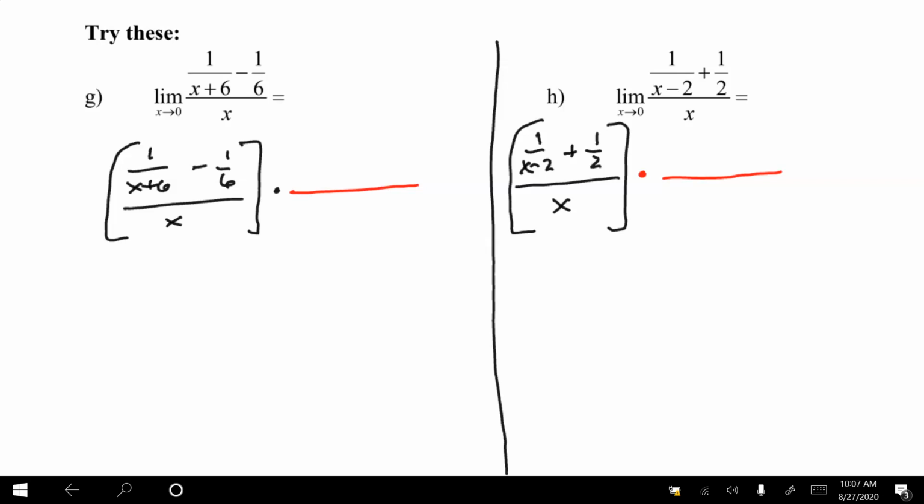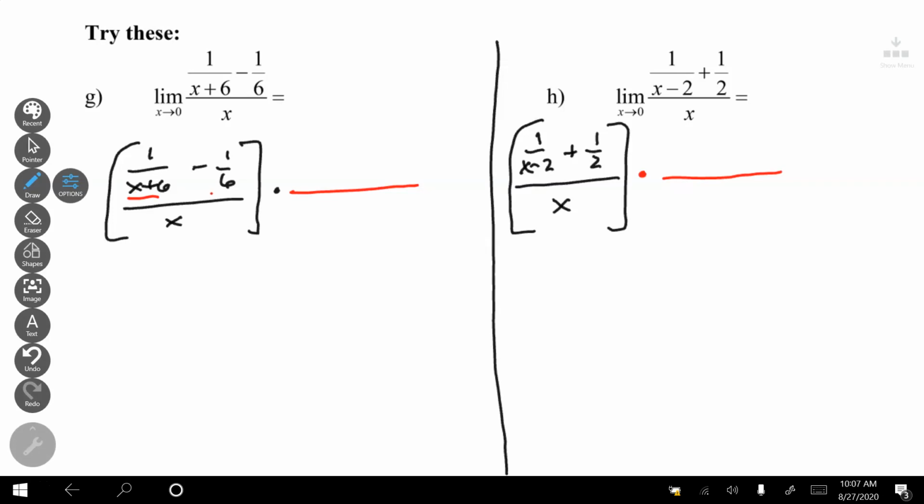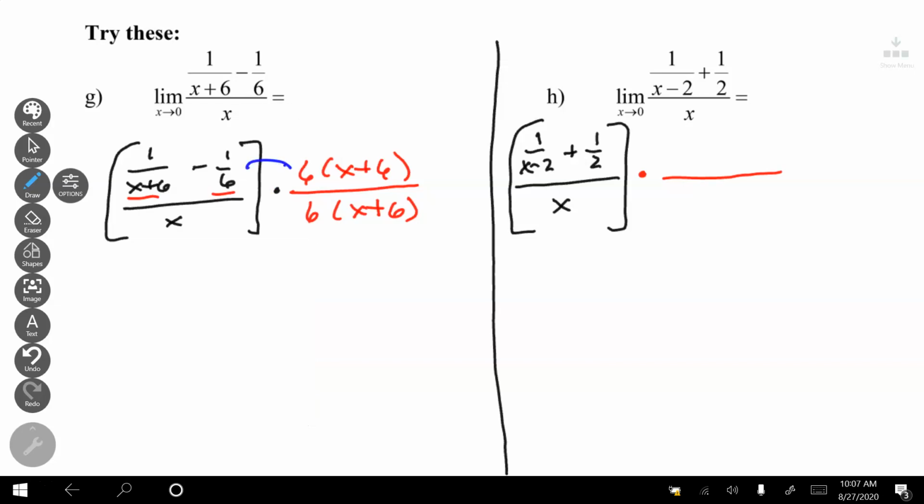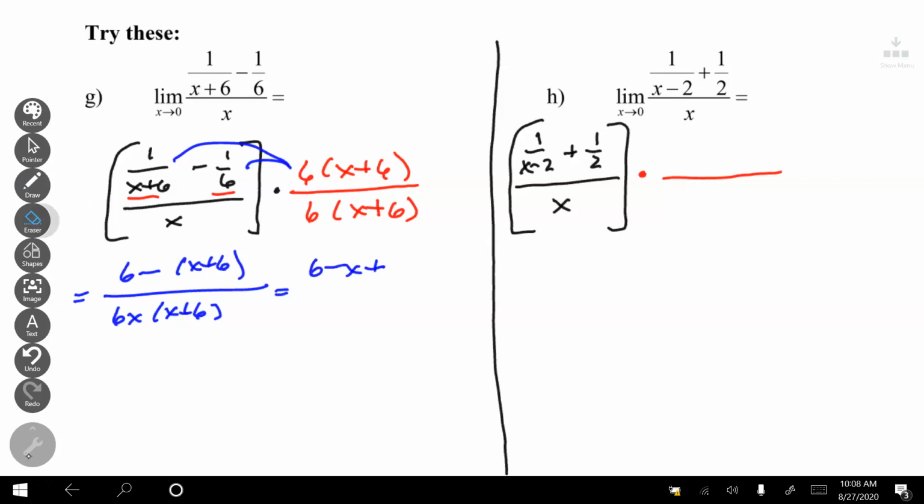Again, we're multiplying through by a fraction equal to 1, so this one I just use these denominators here and do 6, x plus 6 on the top and bottom, and then I'm going to distribute here and here, and I get 6 minus x plus 6 over 6x, x plus 6, equals, well, this is really 6 minus x plus, oops, my bad, minus 6 over 6x, x plus 6.